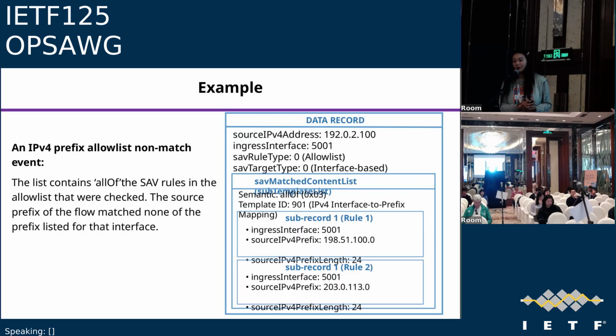Here's an example of an IPv4 prefix allow list non-matched SAV event. The prefix of the packets doesn't match any of the prefixes that are valid in the allow list. So we export all of the sub-rules in this template in these data records.